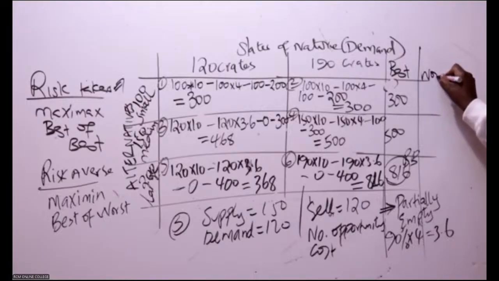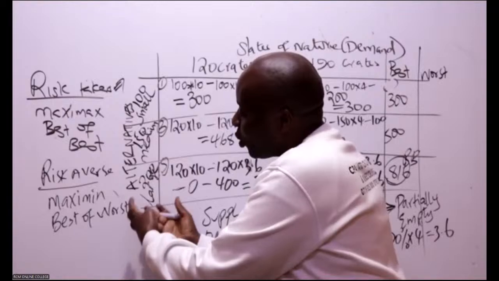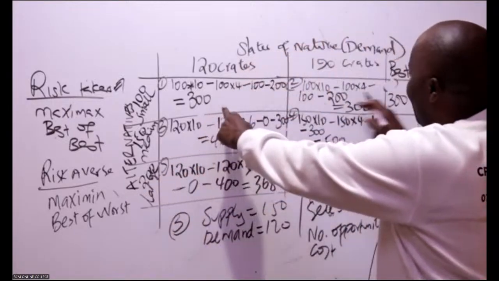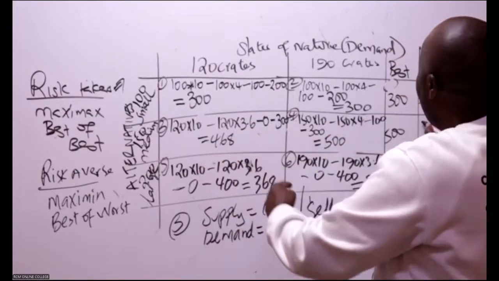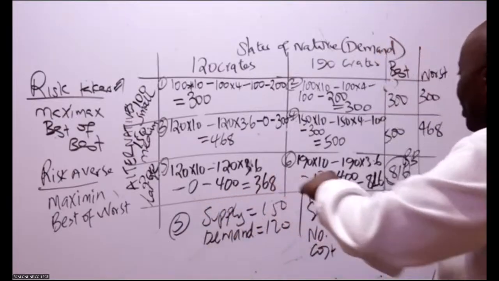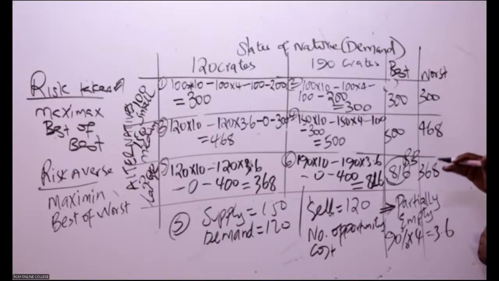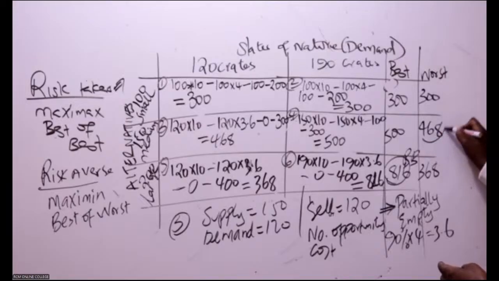So in this case, we start with the second part, worst. To them, things don't work out very well, so you advise them on the basis of the worst scenarios. The worst for small is 300. The worst for medium is 468. And the very worst for large is 368. Now, looking at their worst scenarios, I tell them, we know that you are risk averse, a pessimist, but among these, which one is the best of the worst?